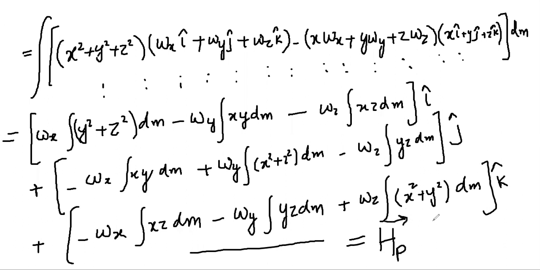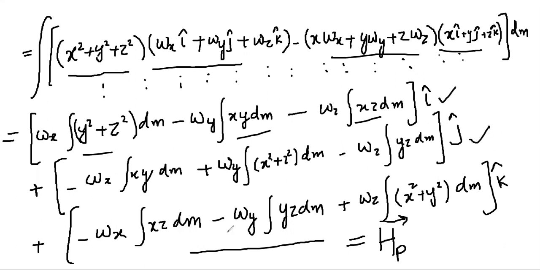Though we have to perform a few more steps to further reduce it, to find what these integrals mean to us, and obtain them in what we call a vector form or a tensorial form. But important is that we need to multiply these terms and separate the i cap, j cap and k cap terms on one side.